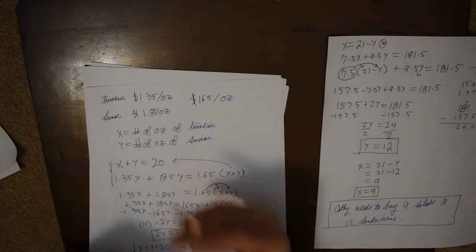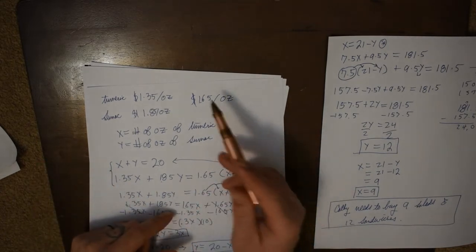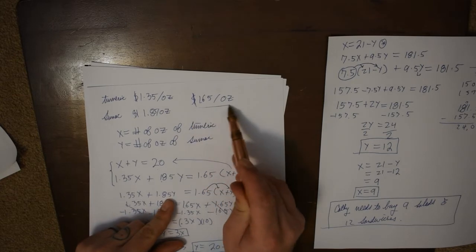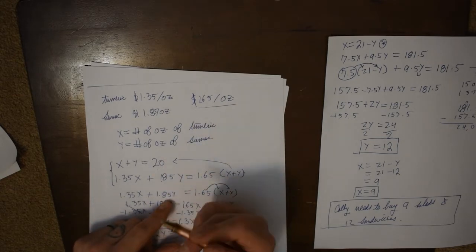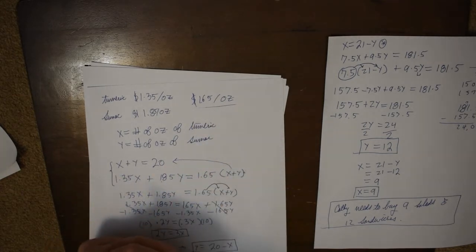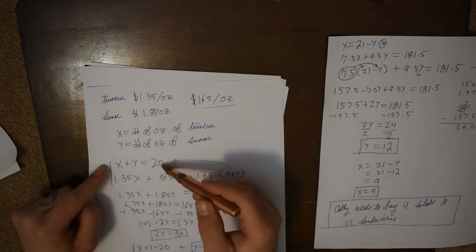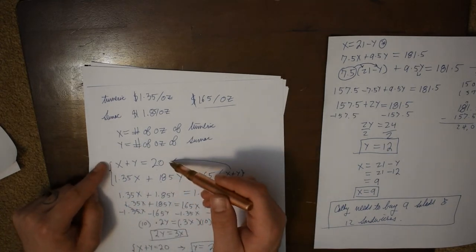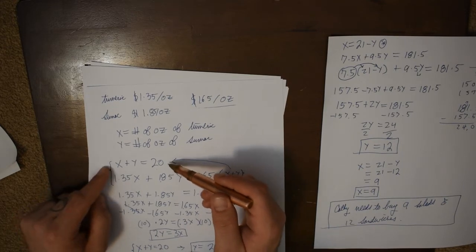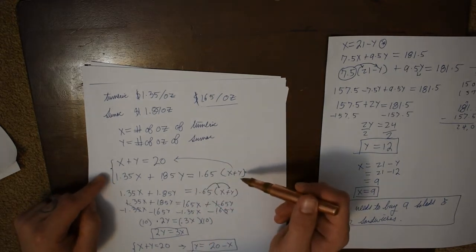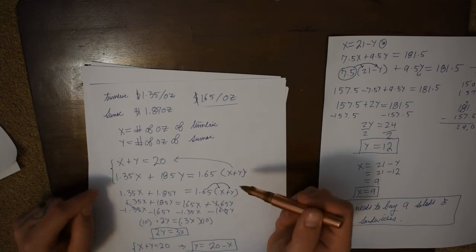He wanted the combined value of that spice blend to be equal to $1.65 per ounce. He also wanted to make 20 ounces in total. So we came up with one equation that modeled the total quantity, how much, and then another equation that modeled how much it was going to cost.